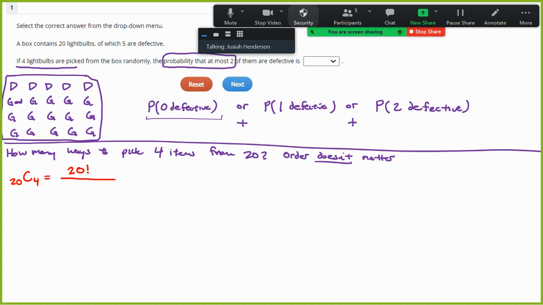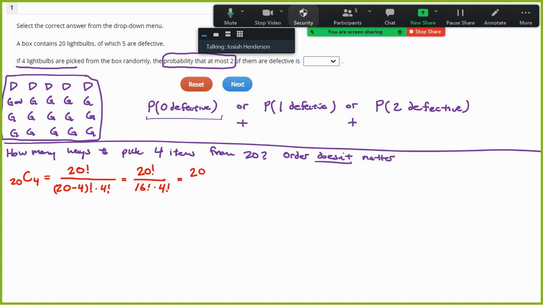So that's n factorial over n minus r factorial times r factorial. So that's 20 factorial over 16 factorial times 4 factorial. So we're going to expand the large ones until it reaches the size of the next one that you could cancel with it below.